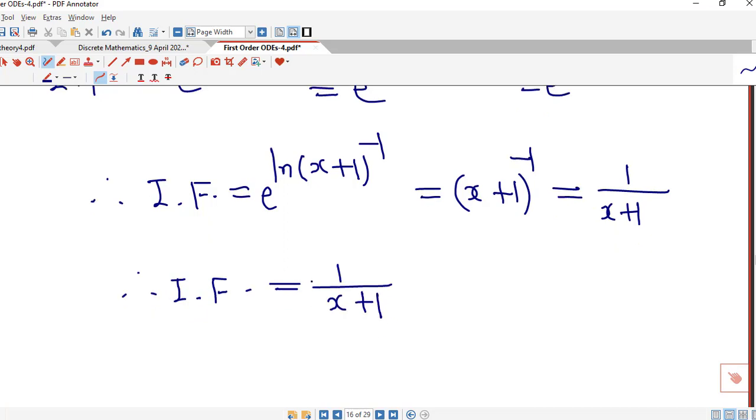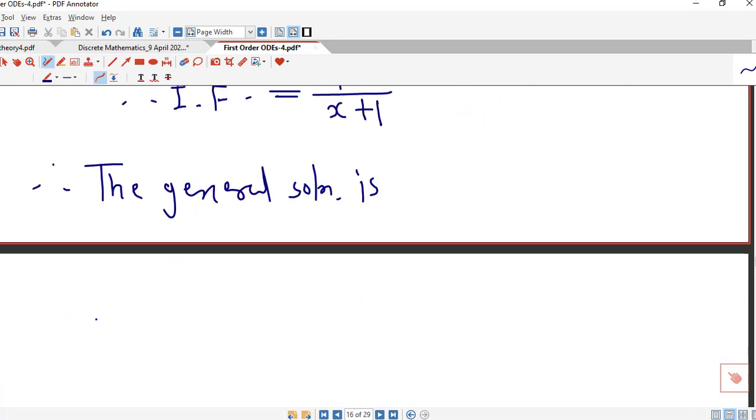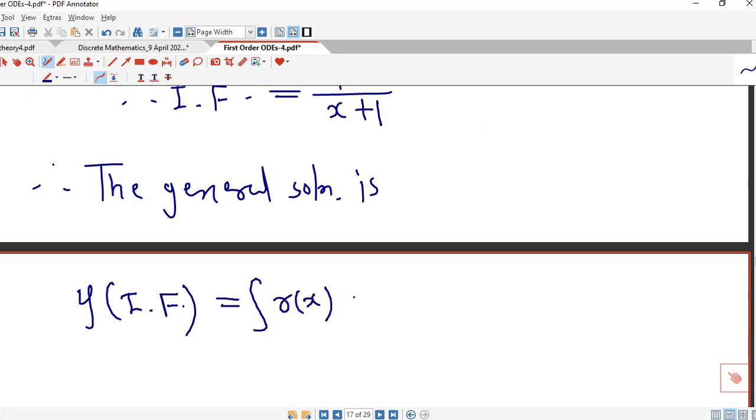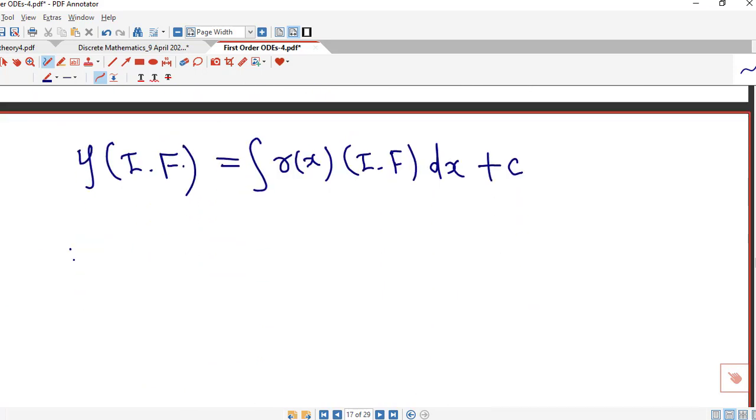So now we can find the general solution. Therefore the general solution is y times the integrating factor equal to integral of r(x) times the integrating factor, with respect to x plus c. The integrating factor is 1 over x plus 1.